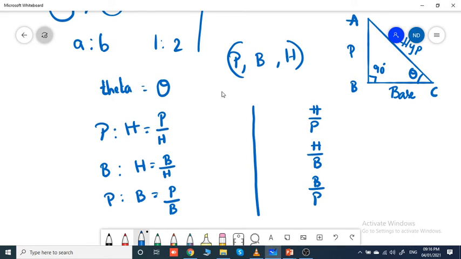So by using P, B and H, I made 6 ratios. These are the trigonometric ratios.